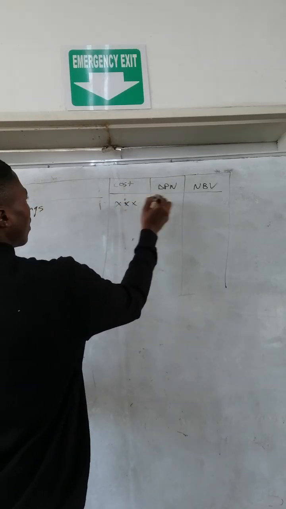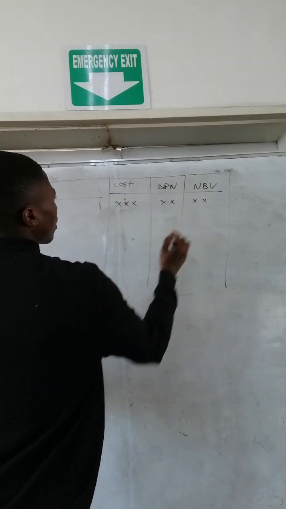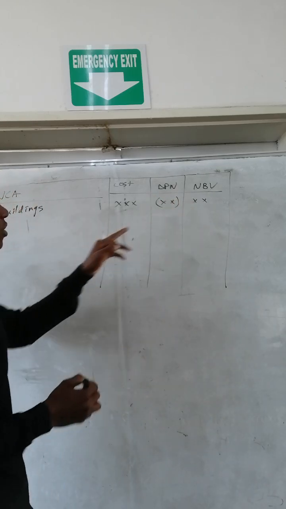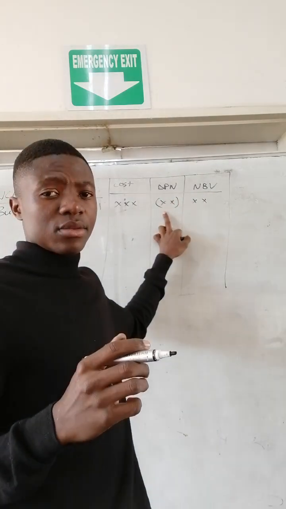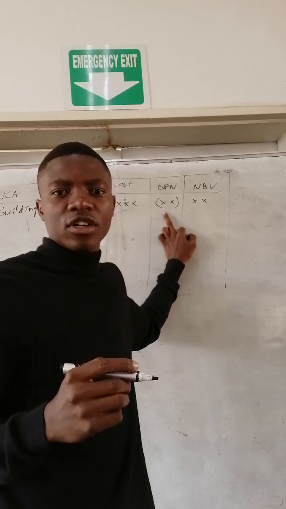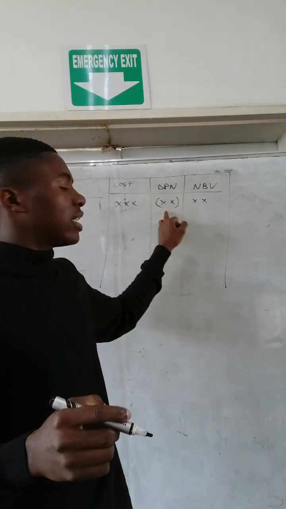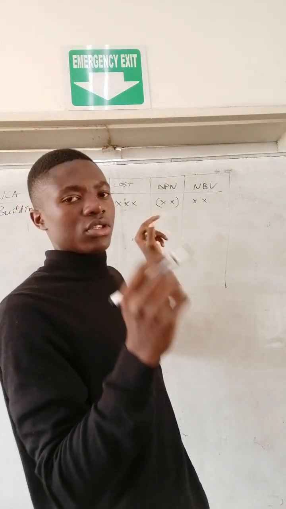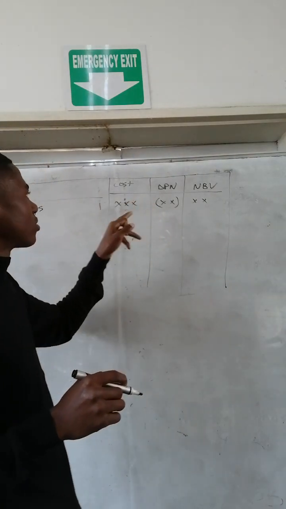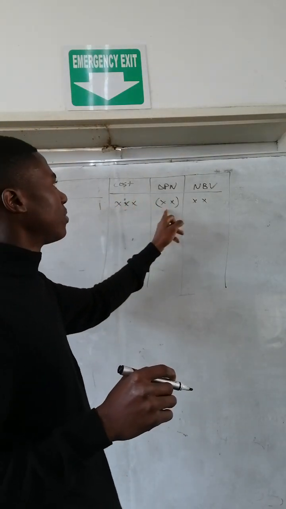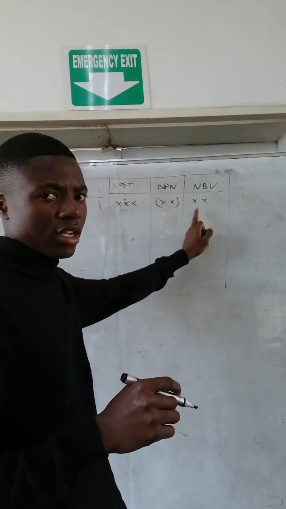On this one, you are going to take it from the income statement, or statement of comprehensive income, under expenses. You take it, put it here, then you subtract cost minus depreciation, then you get the net book value.